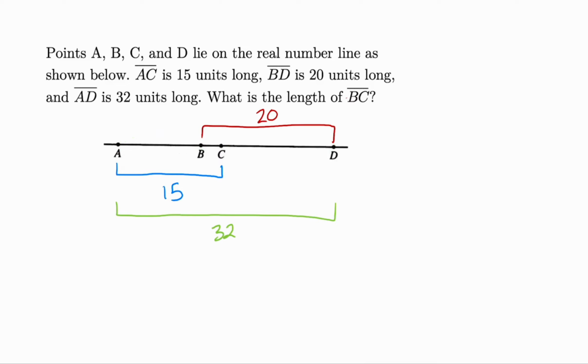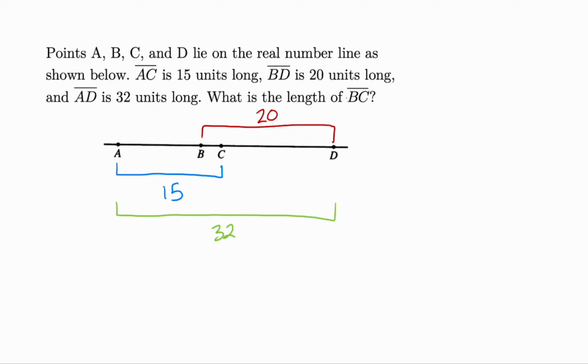The weird thing about this problem is the fact that AC and BD overlap, but we don't really know how much overlap there is without using this 32 to help us get there. So there's a couple different ways that we can solve this.